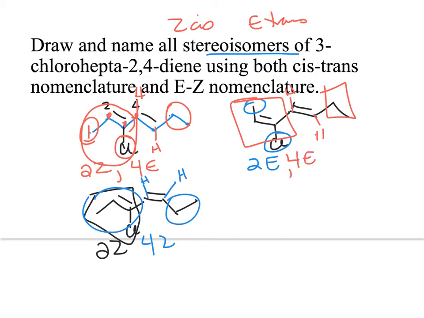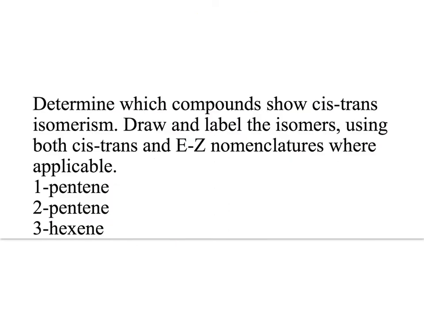So then to draw the other isomer, you just draw the 2E again, and this time you draw the hydrogens on the same side. So if you were to draw the hydrogens in, you would see this is also 4Z. And that should cover all of them.